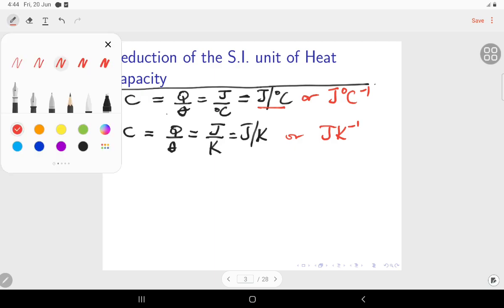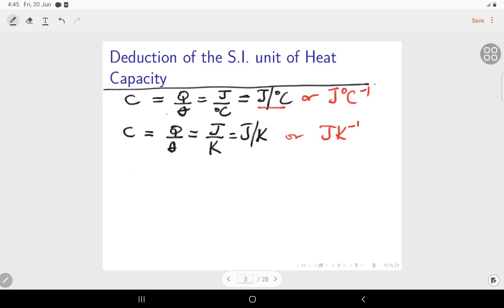Now let's look at the other one. Let's take the first one, Q over theta. We know that the basic SI of joule is kilogram meter squared per second squared.